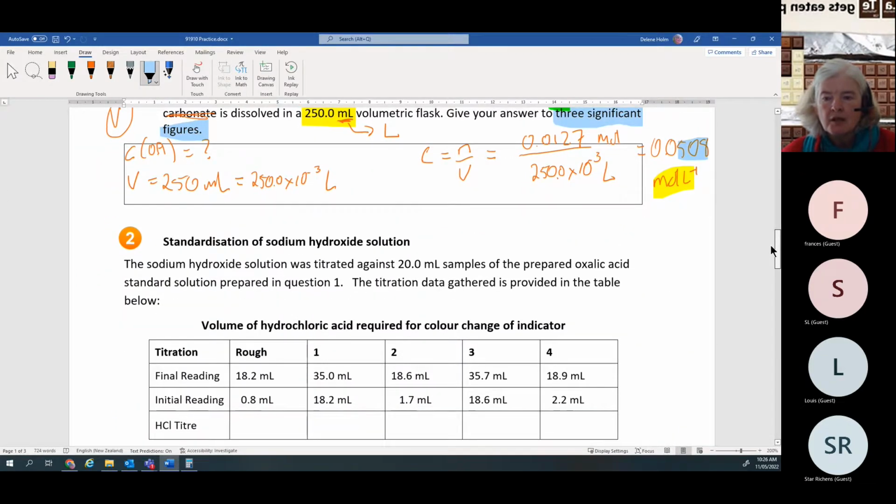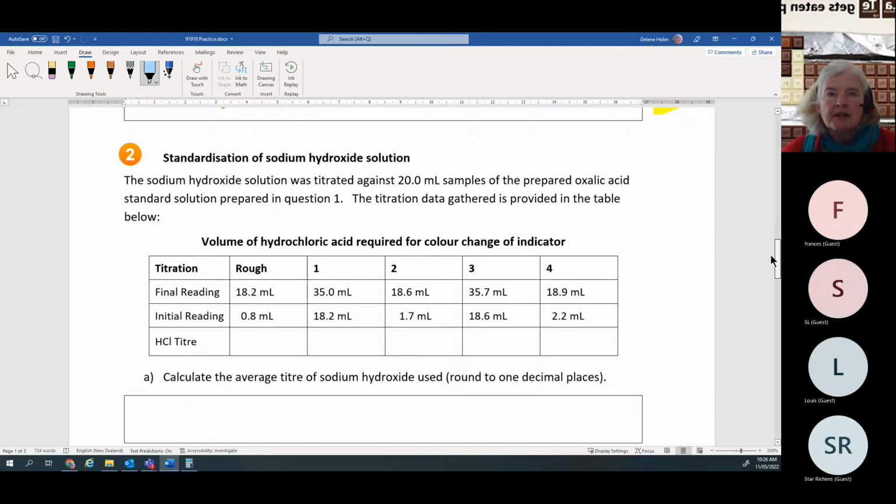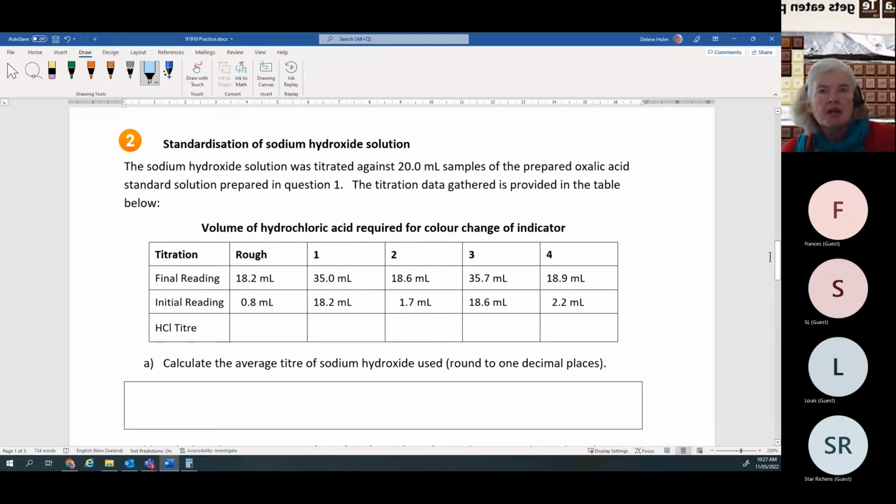Right. Now we're going to be carrying on here, where we actually do a titration. At the end of last term, we looked at how to do a titration. So we've said, I've got my oxalic acid, and now I'm going to titrate it against the sodium hydroxide.